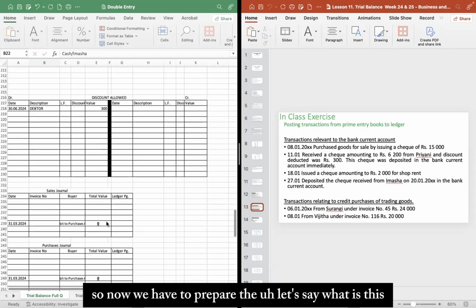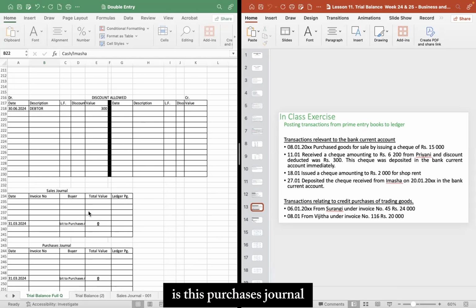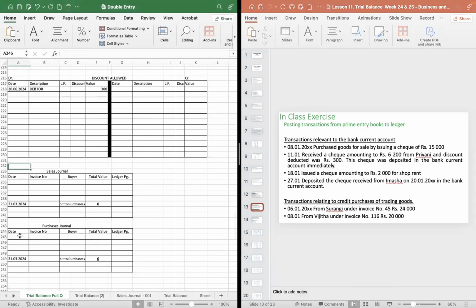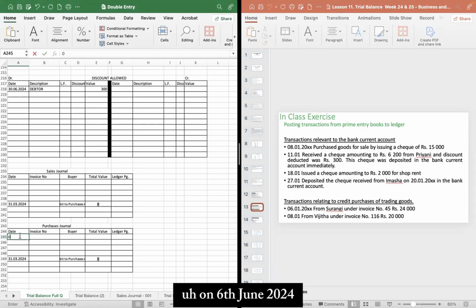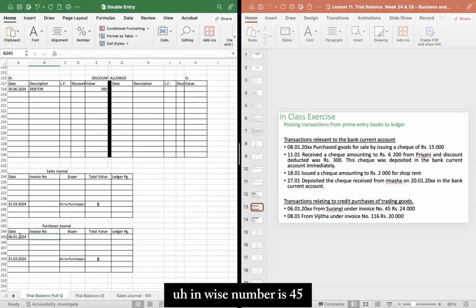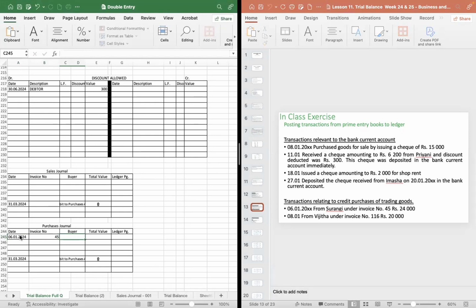So now we have to prepare the, let's say, what is this? This is the purchases journal. I have sort of put it here. On 6th Jan 2024, invoice number 45 from Surangi, I bought 24,000.